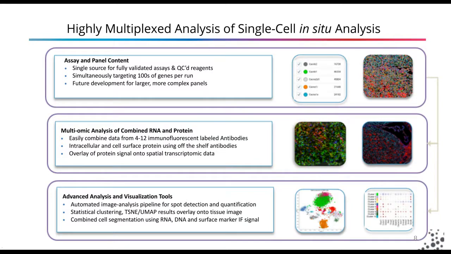Lastly, we've developed a number of different software analysis workflows using state-of-the-art image analysis pipelines, use of traditional statistical analysis for data reduction or statistical clustering of the gene expression results, as well as a visualization tool to look at those combined results as an overlay onto the tissue image.